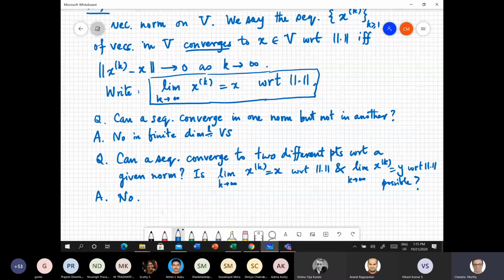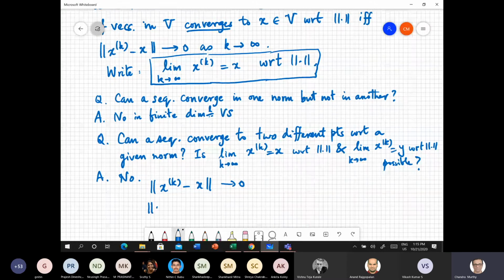So what we are told is that xk minus x goes to 0 as k goes to infinity, and similarly xk minus y also goes to 0 as k goes to infinity.